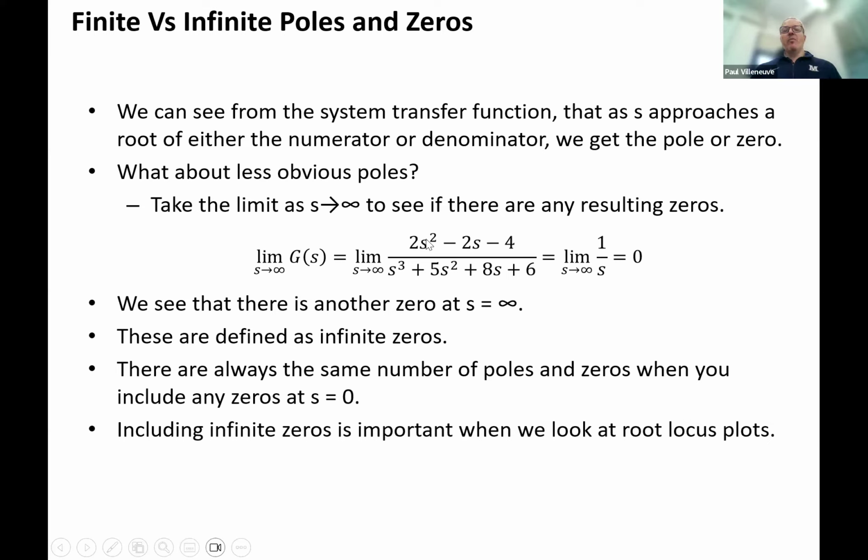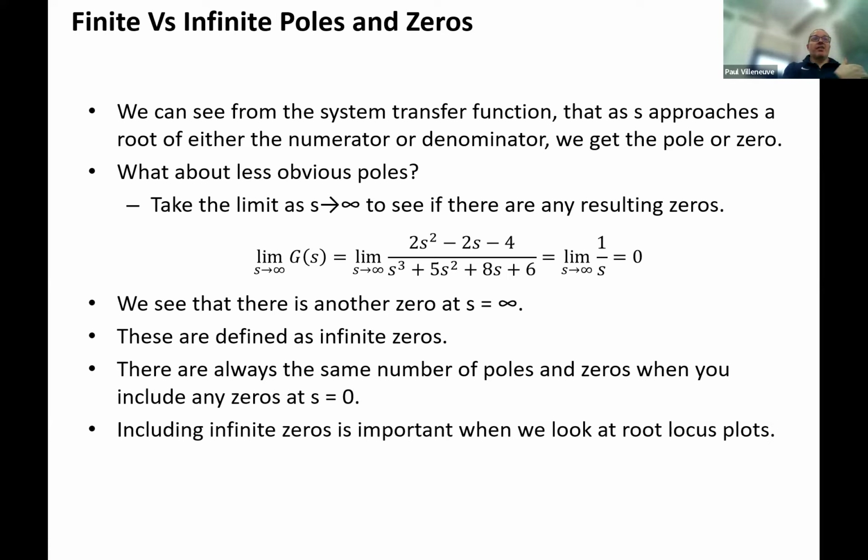Whatever the highest order s term is in the numerator and denominator dominates. So we end up having an s squared in the numerator and an s cubed in the denominator, so the limit function is 1 over s as s approaches infinity. And that becomes 0. That's our infinite zero.